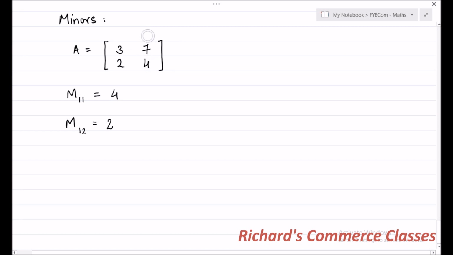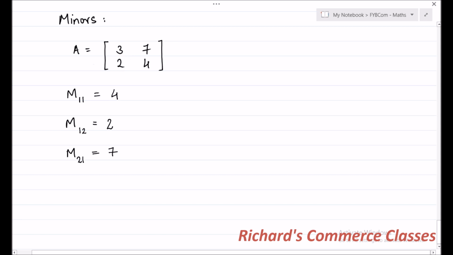Same thing will continue for the last 2 elements. The next will be M. Now 2 is in the second row but in the first column. So M21 will be equal to, delete the row and the column in which 2 is included, and the remaining element is 7.